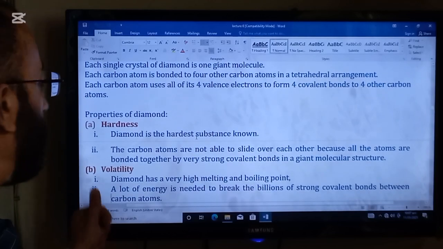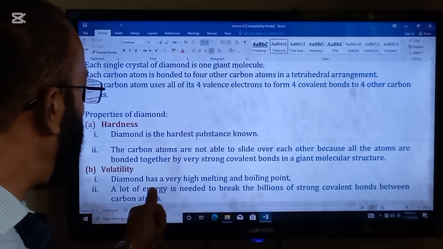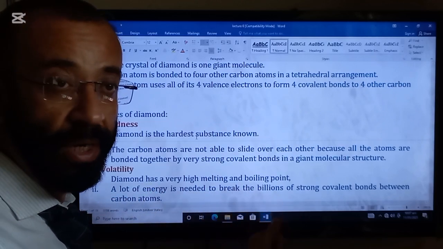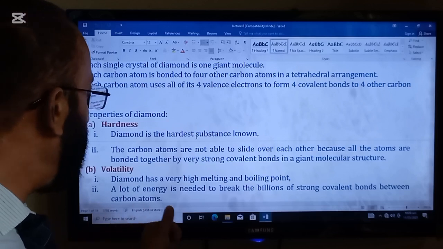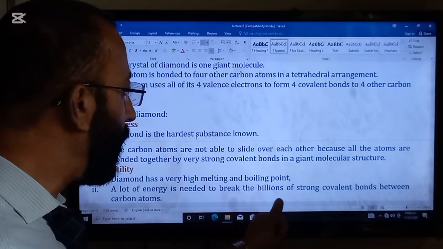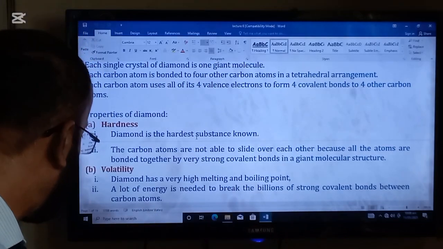Next property is volatility. Diamond has very high melting and boiling points. A lot of energy is needed to break the billions of strong covalent bonds between carbon atoms.